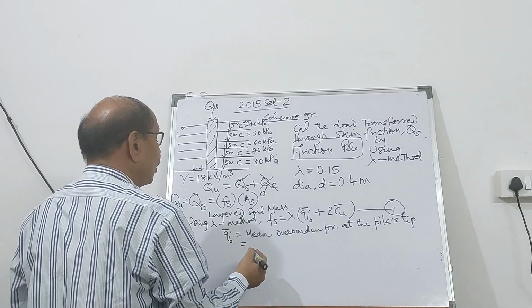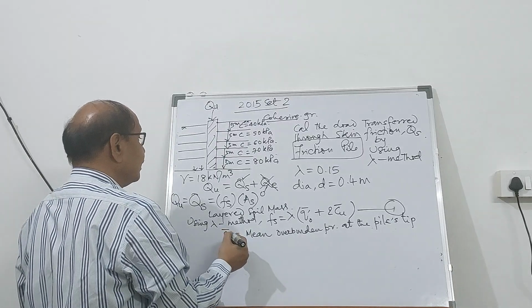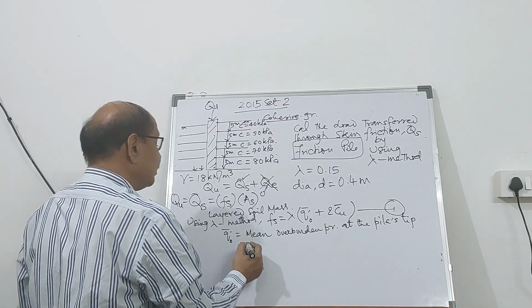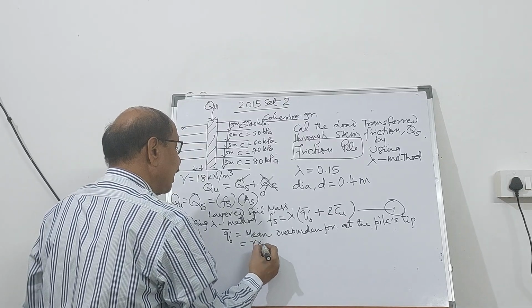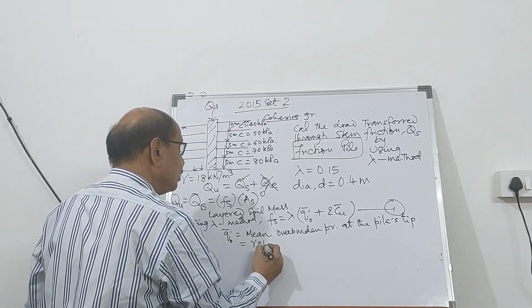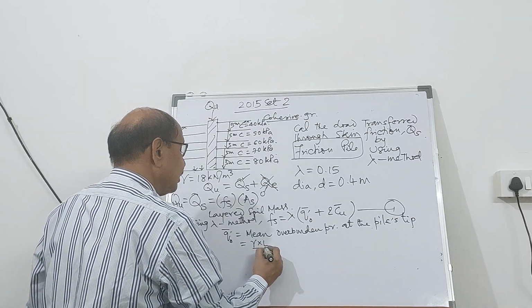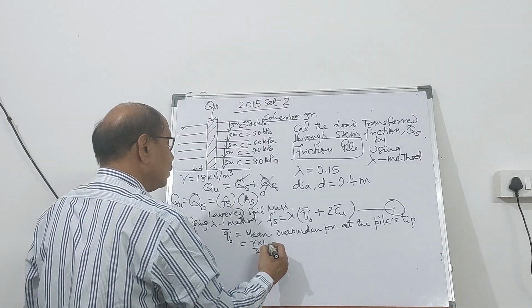It will be gamma multiplied by length of the pile divided by 2. That is the mean value.